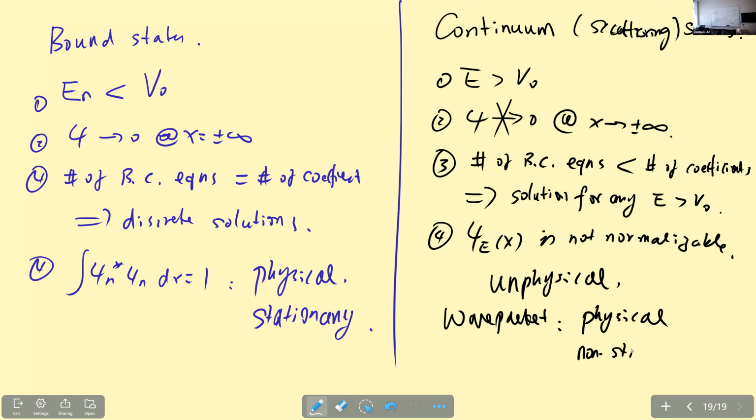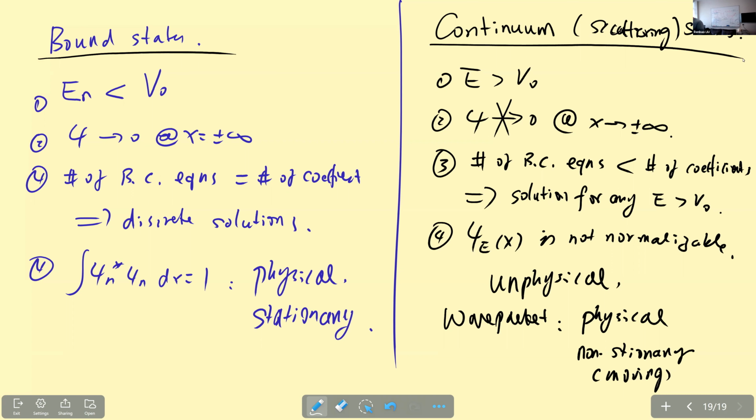It's non-stationary; it's moving. That's why we call these scattering states, because it's going to either move and be reflected, or move and be transmitted, or both. So that's the difference between the bound states and the continuous states. Of course, we consider these one-dimensional potentials.